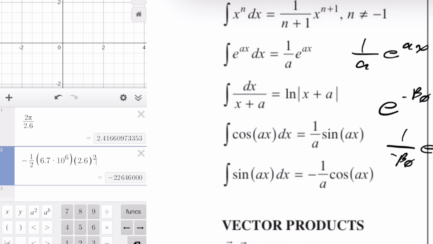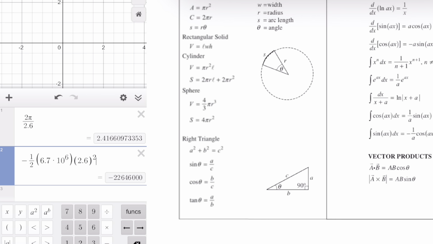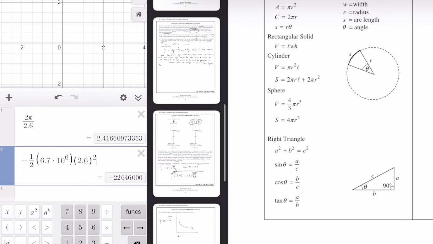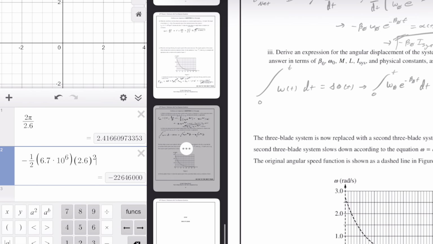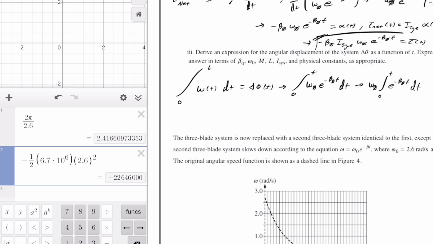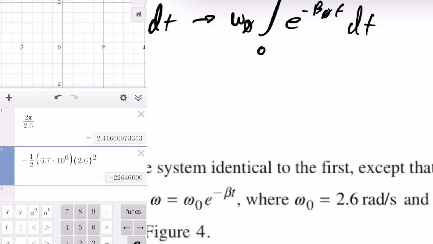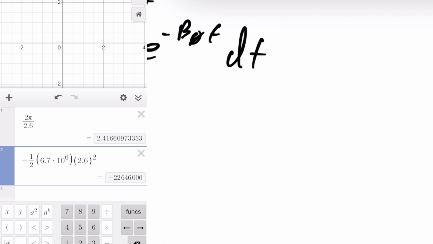So that's just our calculus rules, right? We'll just leave that there, and we'll go back to that page where we were, which is right here. So let's go ahead and do that. So that will integrate, like I said, to w.